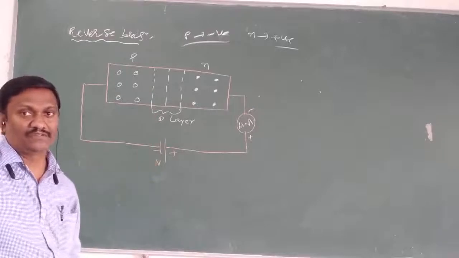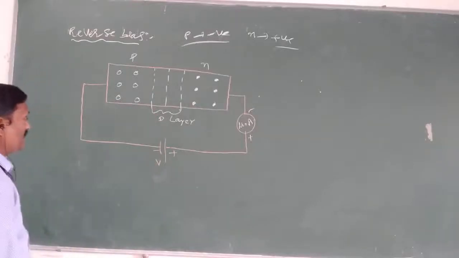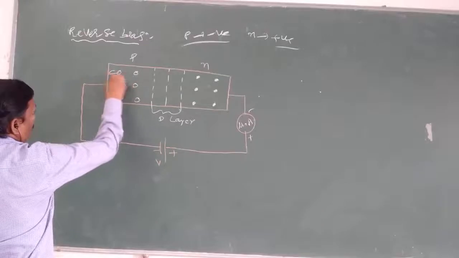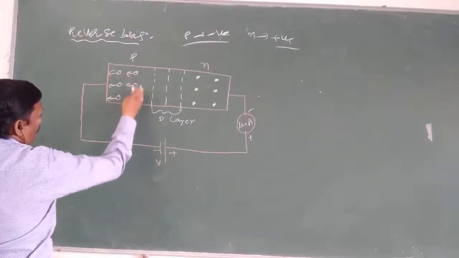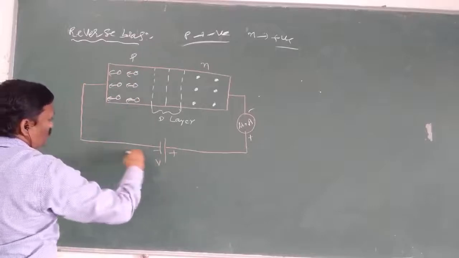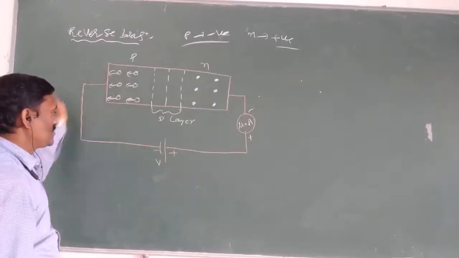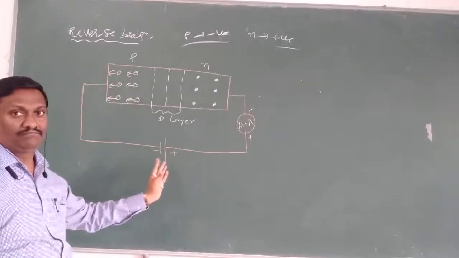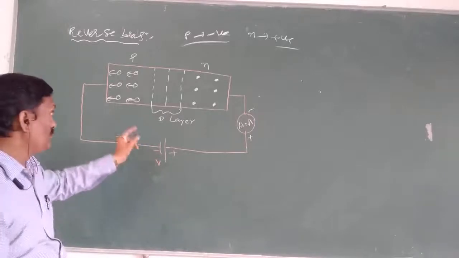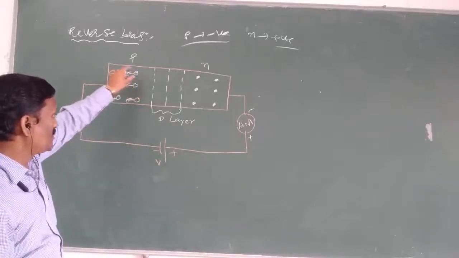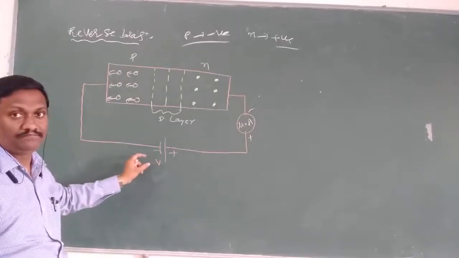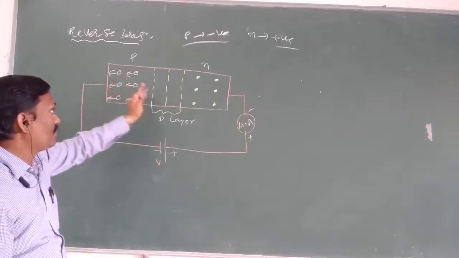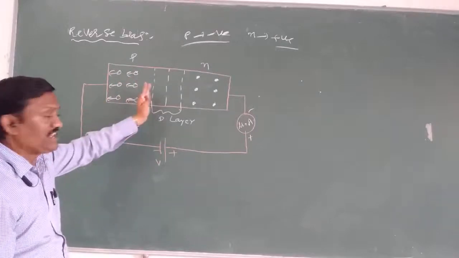So the majority carriers, holes in the P region, are attracted towards the negative polarity. All these holes are moving towards the negative polarity, which means moving away from the depletion layer.